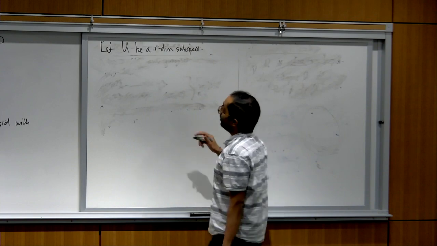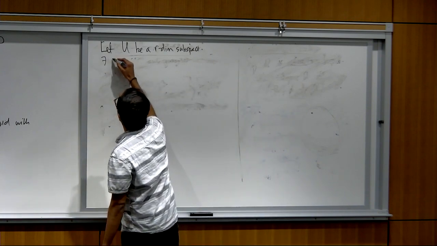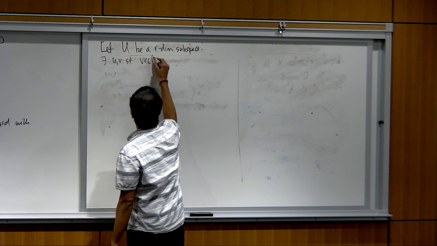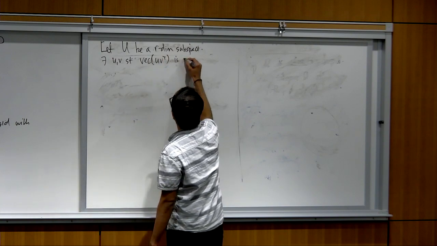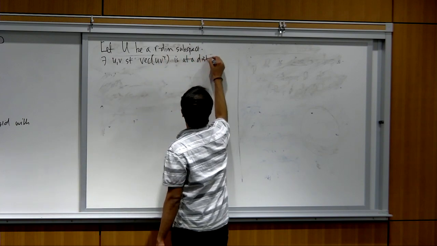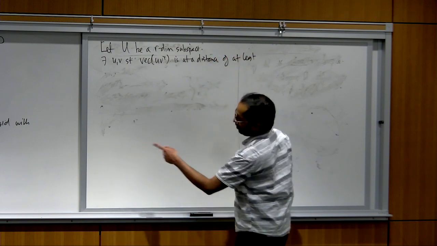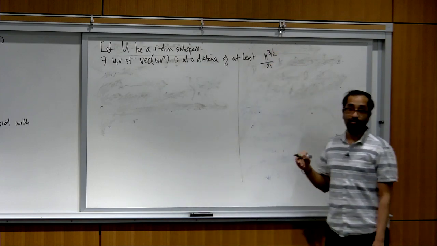We want to show that there exists a UV such that the vector of UV transpose is at a distance of at least n to the 3/2 over r. This is what we want to show.